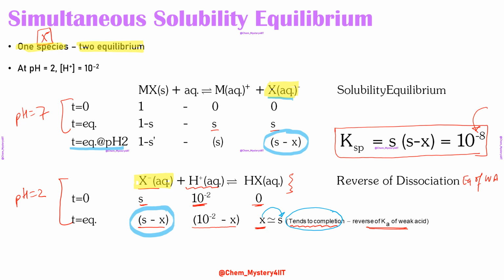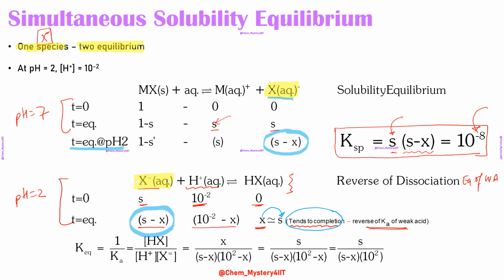So this 10 raised to power minus 8 is now going to be equal to S times S minus X. That means this S value is not going to be the same S value as it was in the beginning. Because if it were the same as 10 raised to power minus 4, 10 raised to power minus 4 minus something can never be equal to 10 raised to power minus 8.